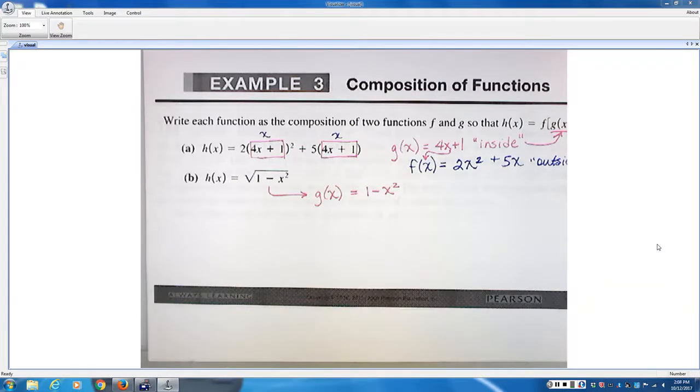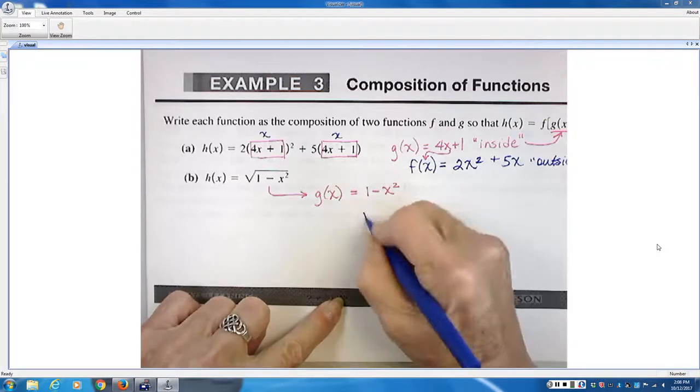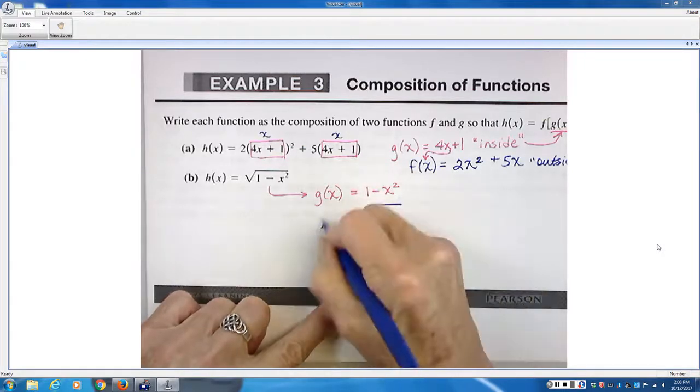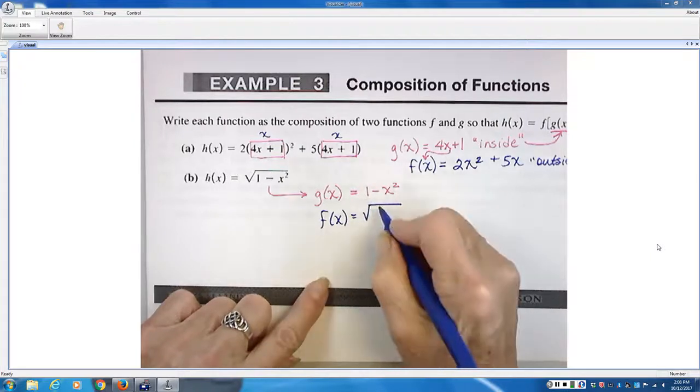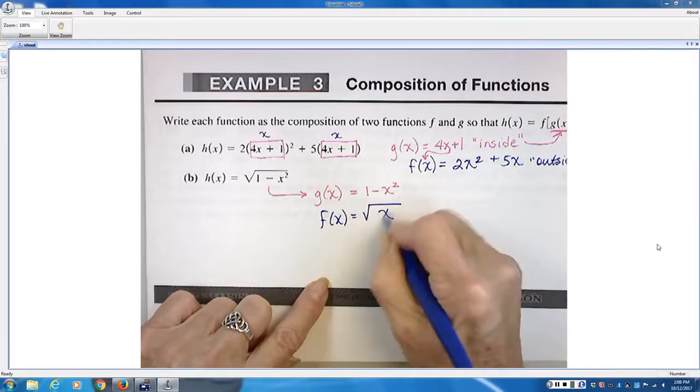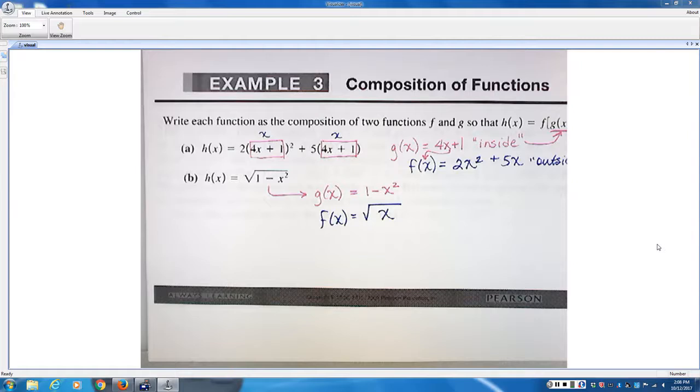Now, what is it inside of? A square root sign. So the function f takes the square root of whatever you put inside of it. So f of x is the square root function. Okay? That's the outside.